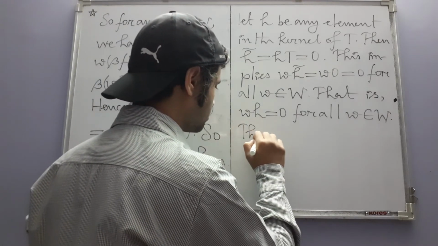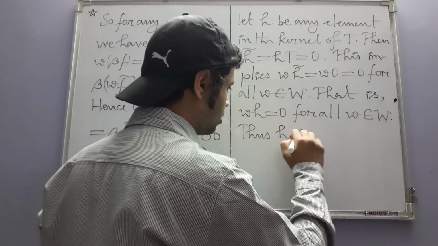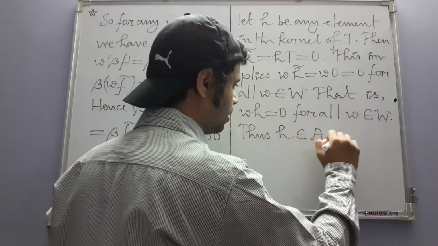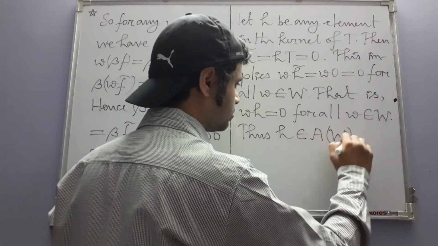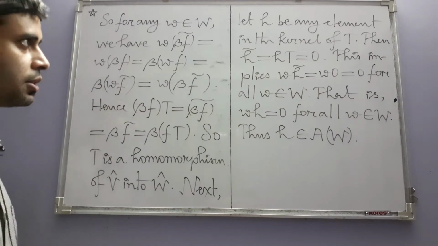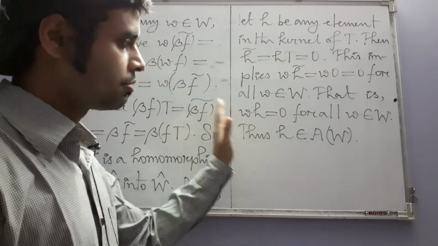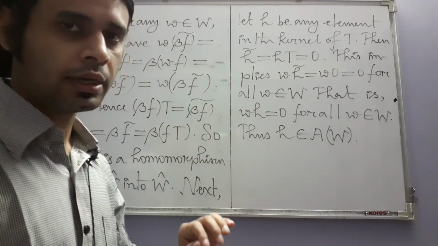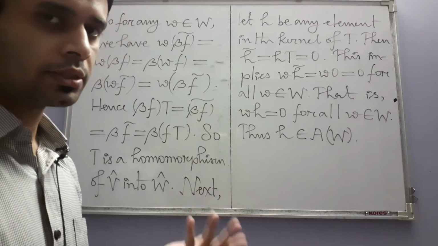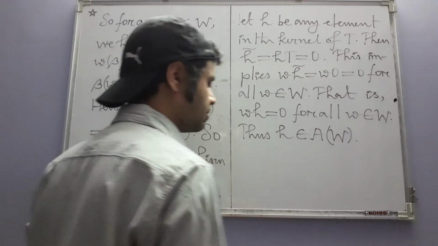Thus, h belongs to A of W. Okay, so we have proved that any kernel element is in the annihilator. So the kernel is a subset of the annihilator, but of course the converse is also true. So let's see that one also.